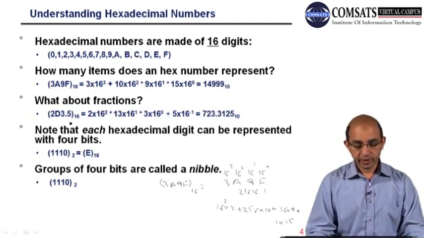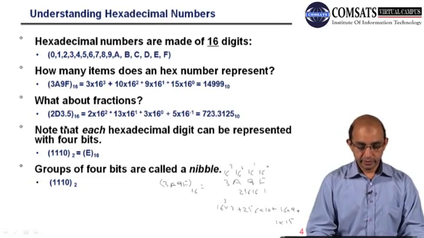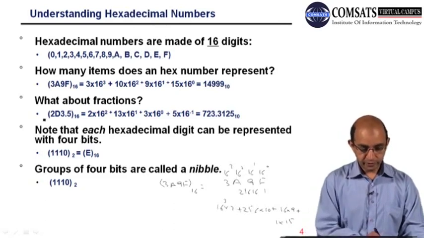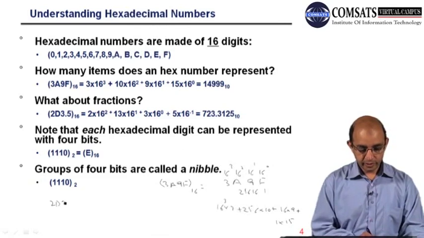So here we have the fraction. Let me solve the fraction over here. We have 2D3.5 with 16 raised to power 0, 16 raised to power 1, 16 raised to power 2. After the fraction, 16 raised to power minus 1.